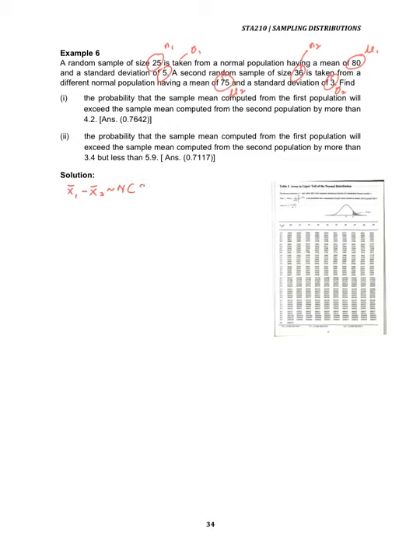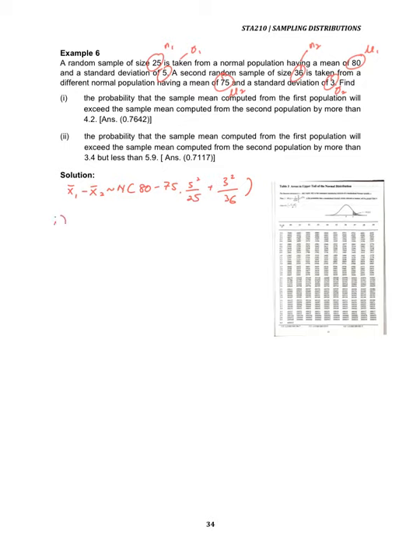So mu 1 is 80 minus mu 2, 75. And then the standard error, or standard deviation, is sigma 1 squared, where sigma 1 is 5. We want the variance, so we put power 2, over n1 which is 25, plus sigma 2, which is 3 squared, divided by n2, which is 36. Okay, so this is how to write it.